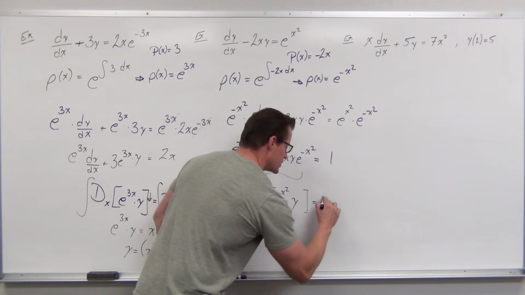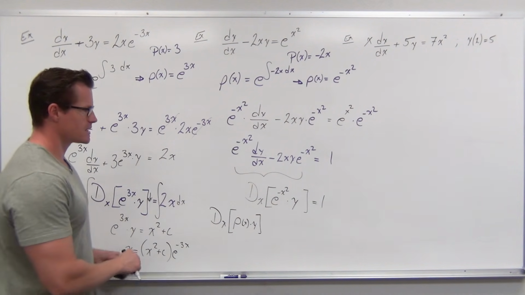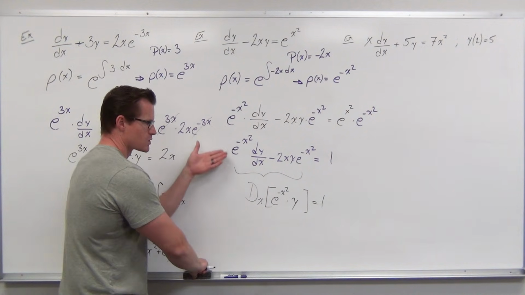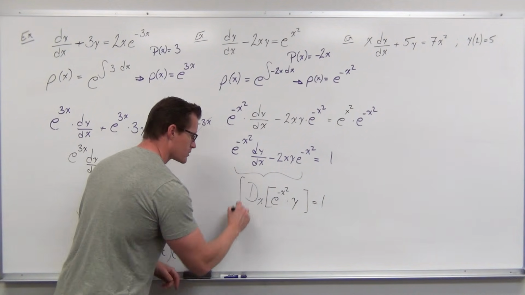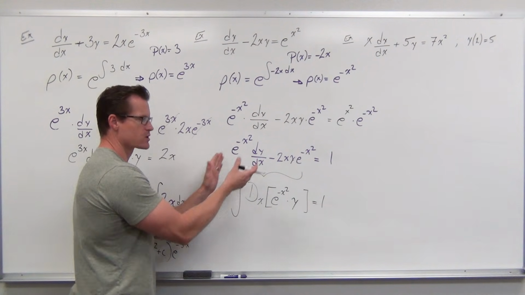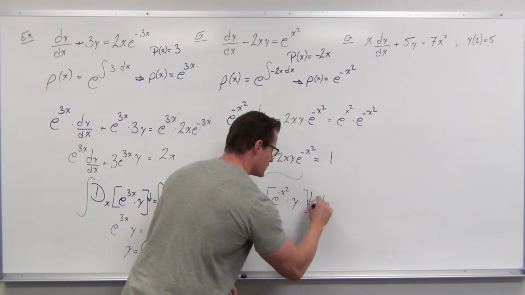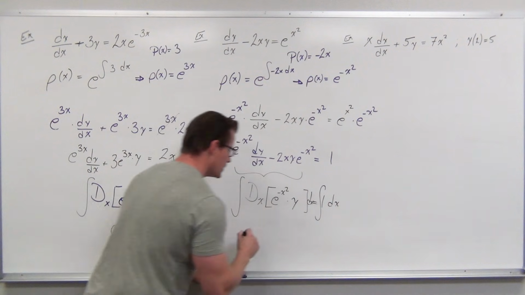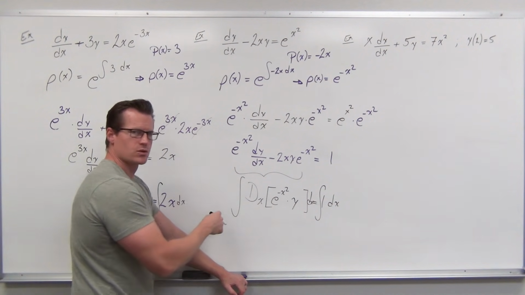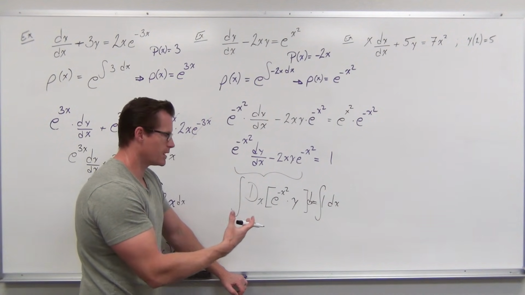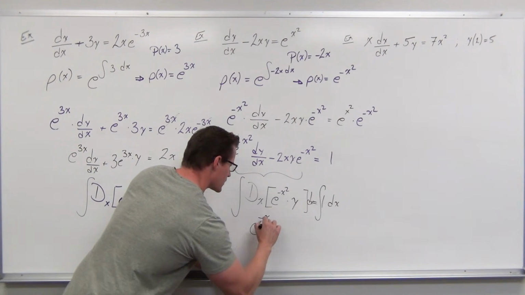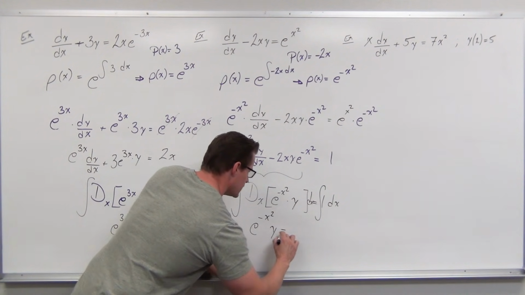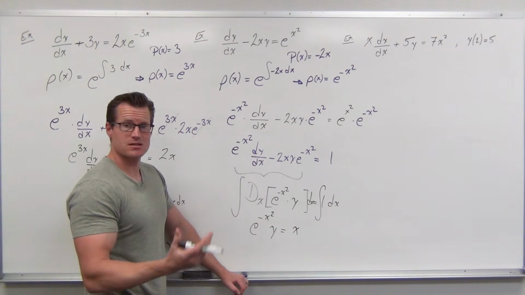On the right-hand side, we just get 1, and now is the time where you say, oh yeah, okay, so if this is the result of a derivative, let's just integrate to get rid of the derivative. Integrate with respect to x because it's a derivative with respect to x. Derivatives and integrals are an inverse idea. They undo each other. The fundamental theorem of calculus tells us that we're going to get e to the negative x squared times y equals just x plus c.